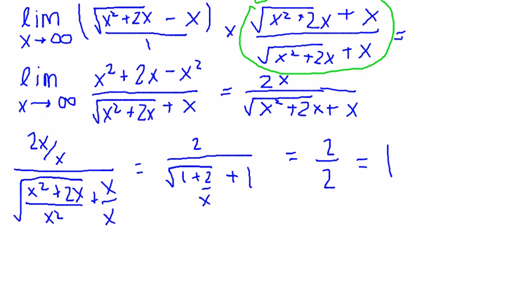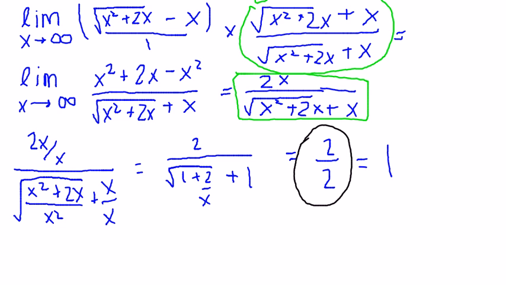And remember to put your limit sign in front of this problem. I didn't do that because I got a little bit lazy. But remember that until you plug in your point to get numbers, you can't leave out the limit sign in front of it.